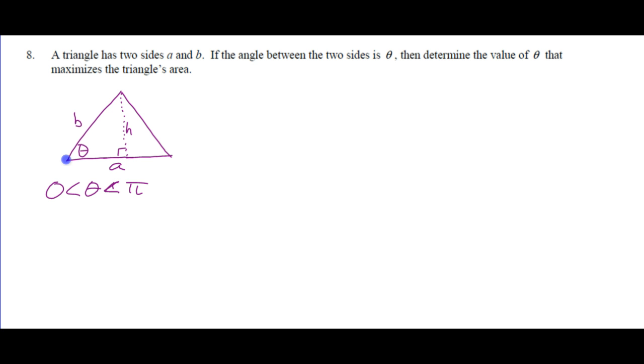So theta is going to be between 0 and pi. Now, if theta is 0, what's the area going to be like? 0, right? Lying flat, there's going to be 0. And if theta is pi, then it's straight out, and the area will be 0, right? So that's examining the endpoints.